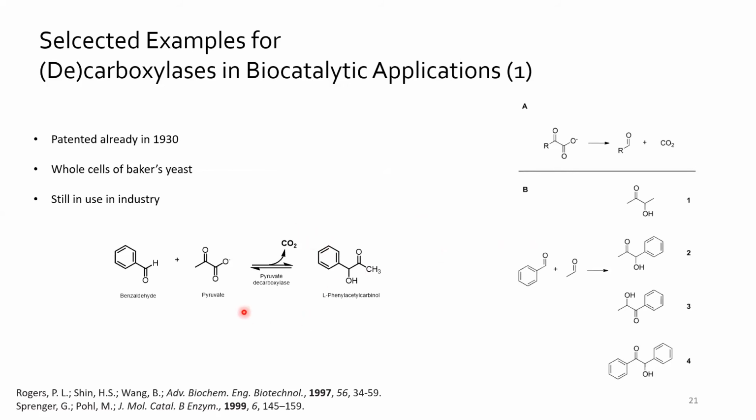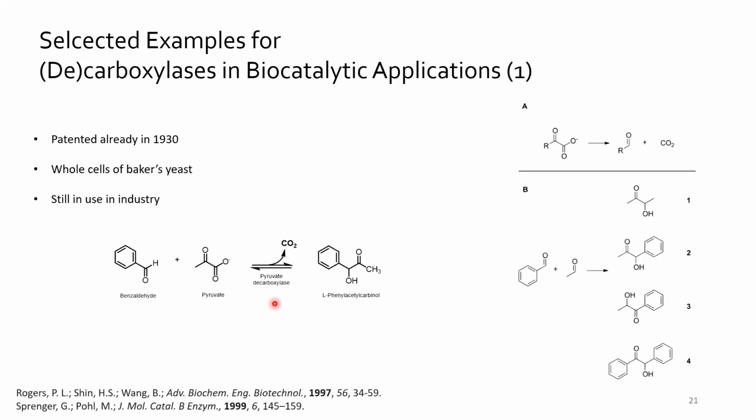And so a pyruvate decarboxylase is used, which I showed you at the very beginning. At the beginning, when it was patented, the substrates were used together with whole yeast cells, and so scientists did not really know what was going on. Just 60 years later, it was discovered that pyruvate decarboxylase is doing the job.